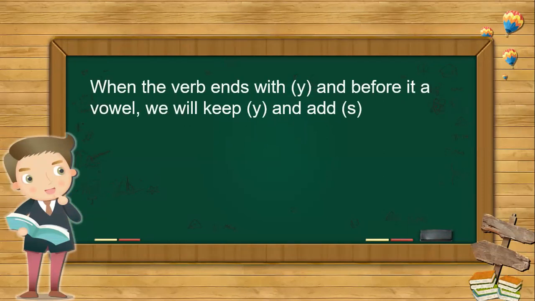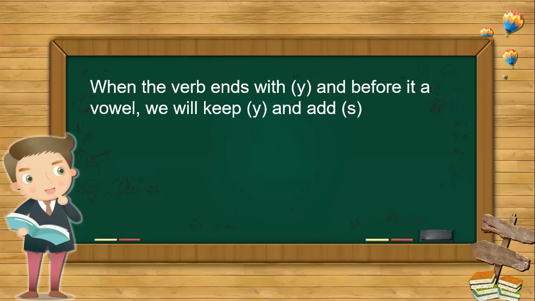Okay. What if there is no consonant before the Y? It is a vowel. What happens? In this case, the Y becomes very brave. It doesn't break. So the Y keeps still. The Y stands still in its place.